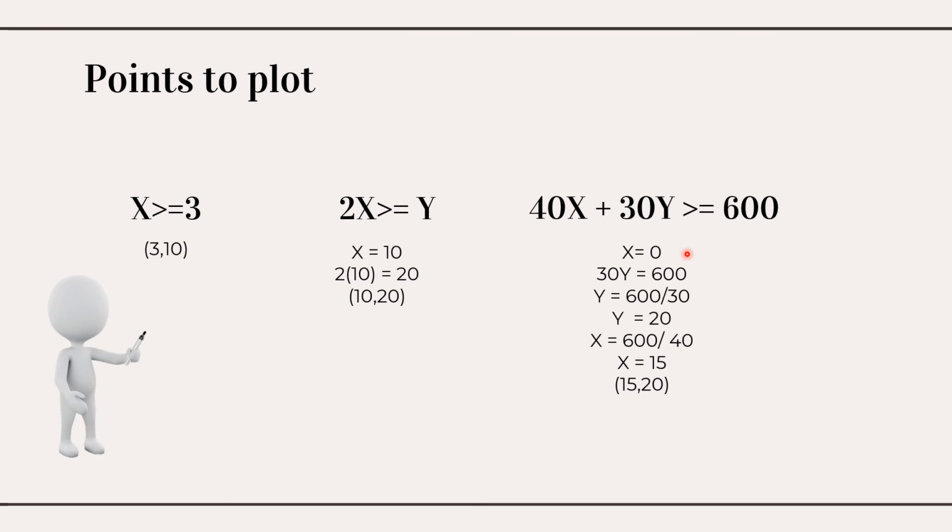X equals 0, 30 times y equals 600, y equals 600 divided by 30, y equals 20. X equals 600 divided by 40, x equals 15. The points are 15 and 20.